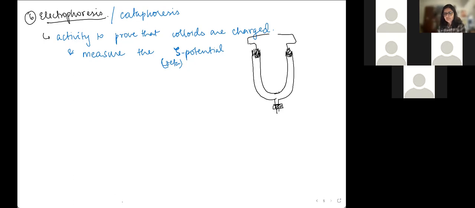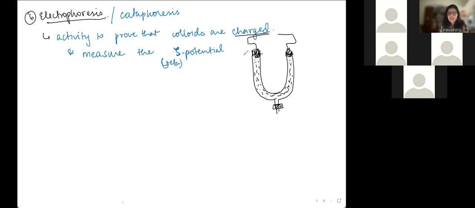Now, the electrodes are submerged in the colloid sol, whatever colloid we're taking. In a colloid, you have suspended particles, right? The suspended, dispersed particles are the ones that are charged, and the dispersion medium would have the opposite charges.